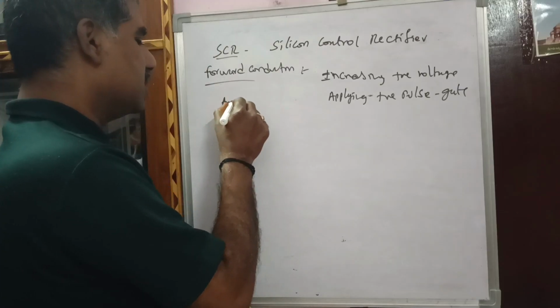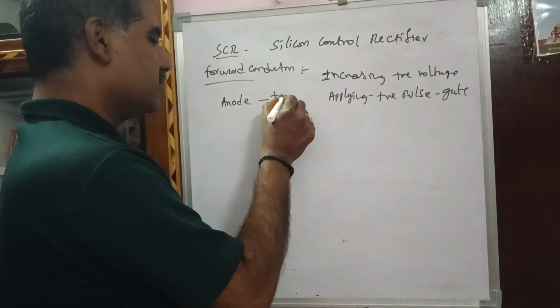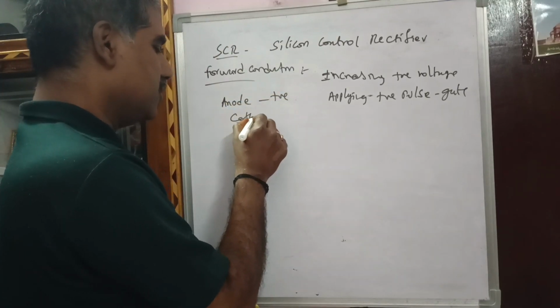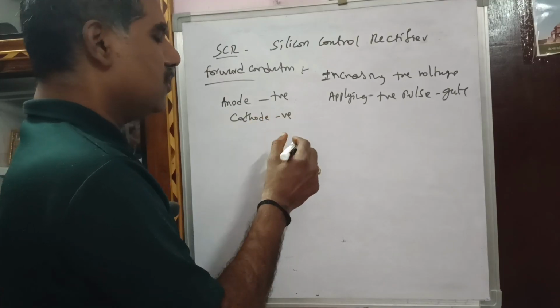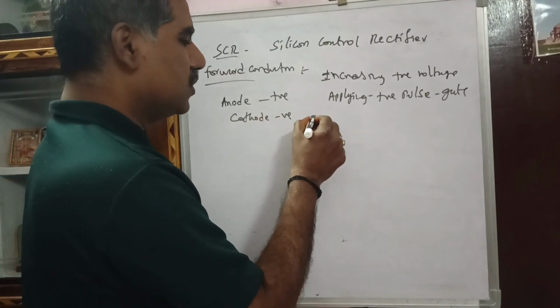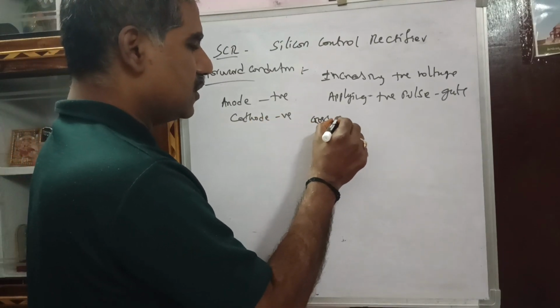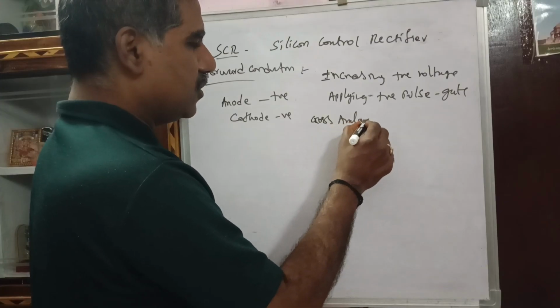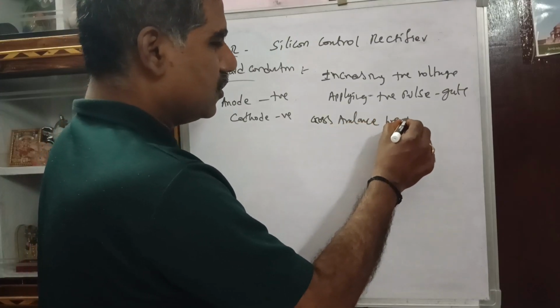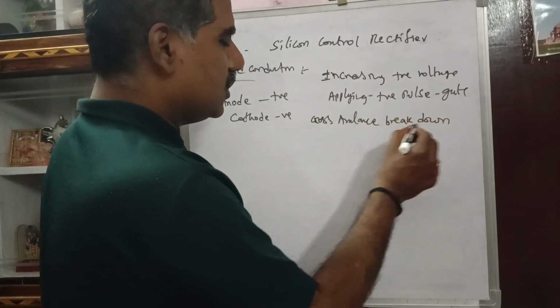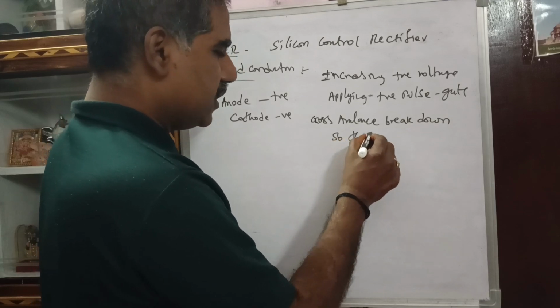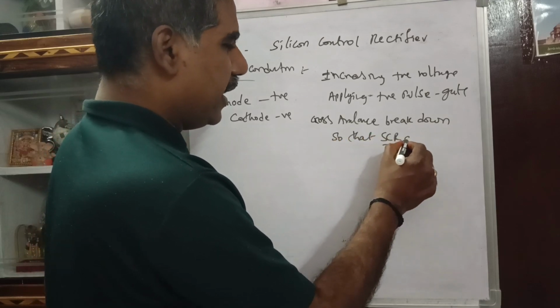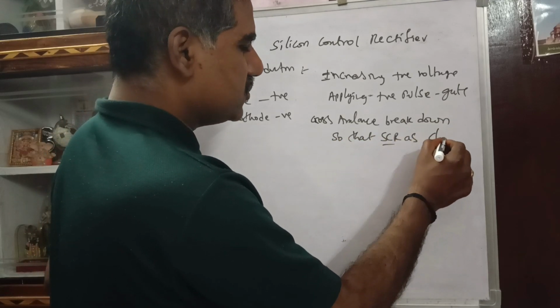The anode is connected to positive, whereas the cathode is connected to negative, so that it crosses the avalanche breakdown, and the SCR acts as a closed switch.